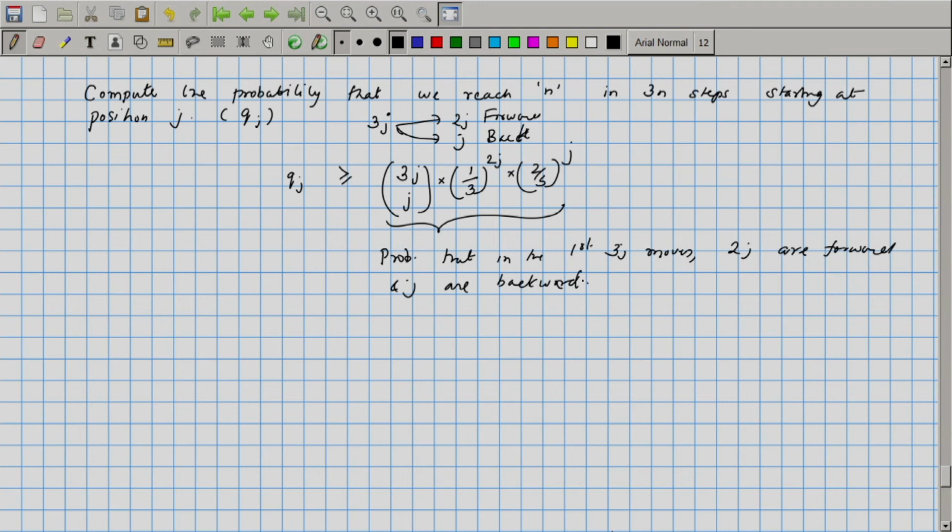Okay. And if this event happens, then surely we would have found a satisfying assignment. So, this probability is a lower bound on the probability that you will find a satisfying assignment starting at position j. So, we will need to estimate how small or large this is. We have to compute a lower bound for this quantity. So, 3j choose j times (1/3)^2j times (2/3)^j is the quantity of interest.